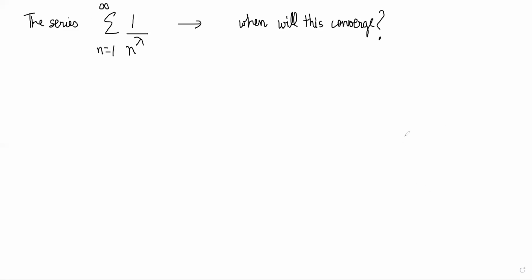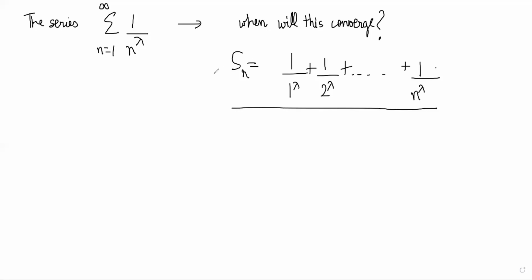So the series looks like this: 1 by 1 power lambda plus 1 by 2 power lambda and so on. This is your series, Sn would be till 1 by n power lambda. We have to figure out when will this series converge.